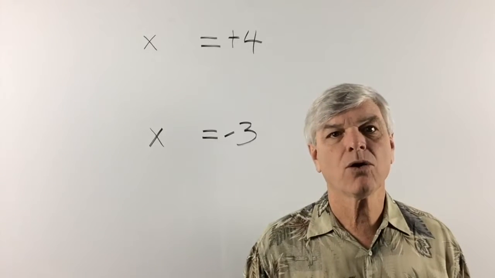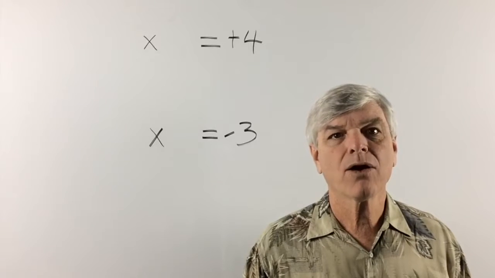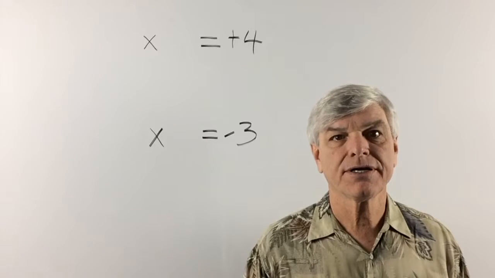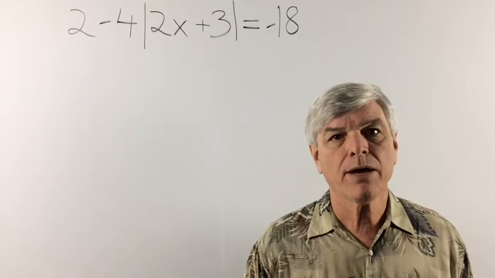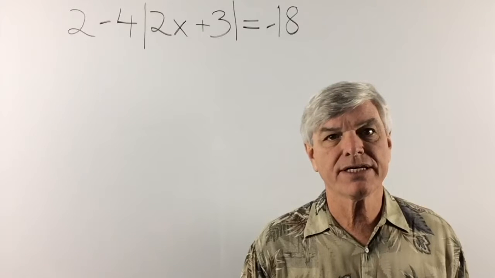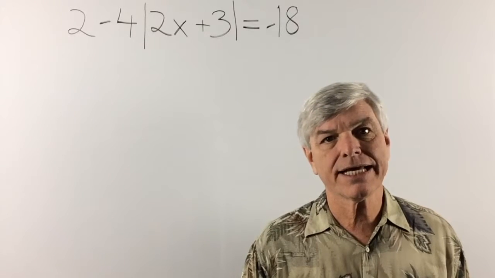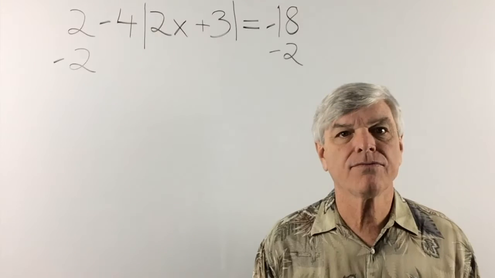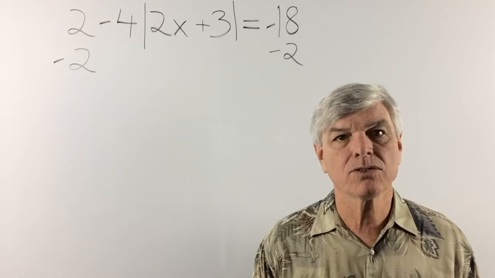Now, why don't we try an equation where we are using all of the processes that we just learned. Okay, and what we're going to try to do here is what we've been doing previously, which is to isolate our absolute value. So let's get rid of the +2 by subtracting 2 from both sides.